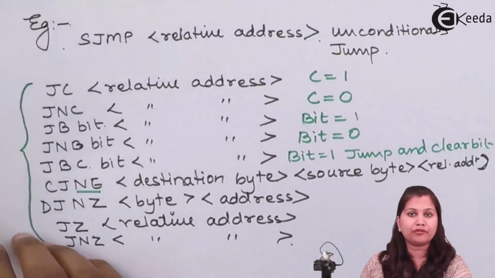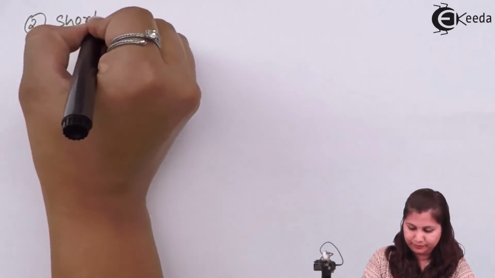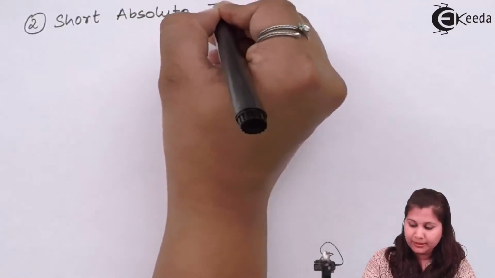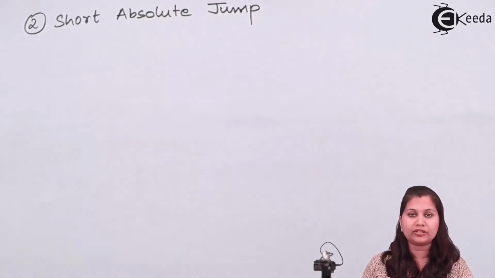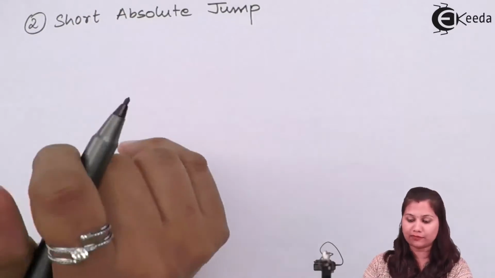Now the next type of jump we have is the short absolute jump. Just like in relative jump, we calculate the address range in which the jumping can be done. In short absolute jump, the address is calculated as follows.